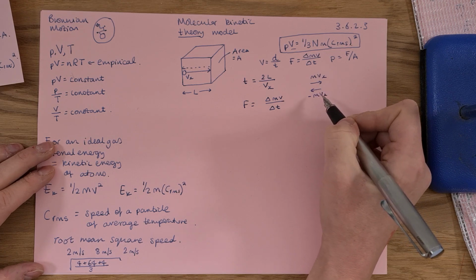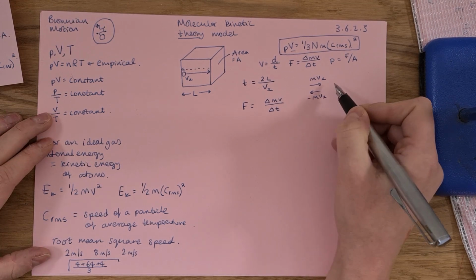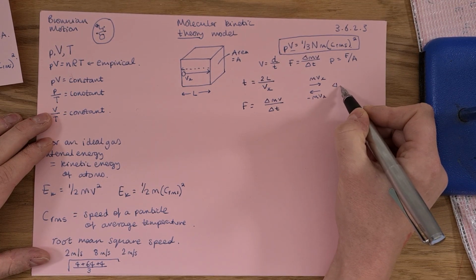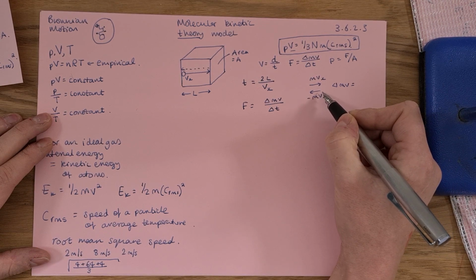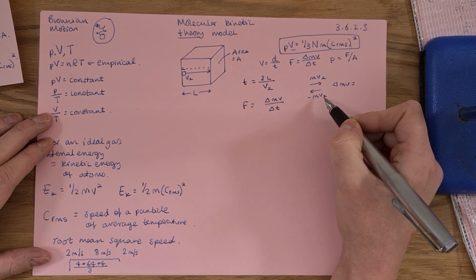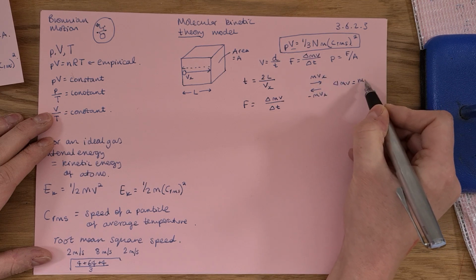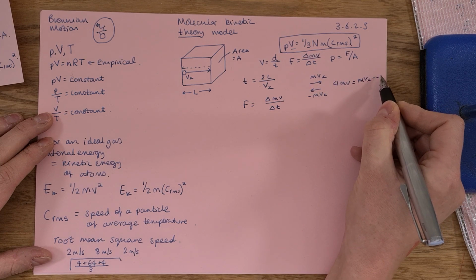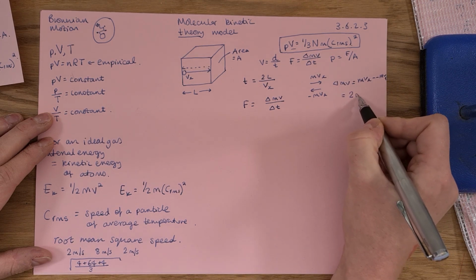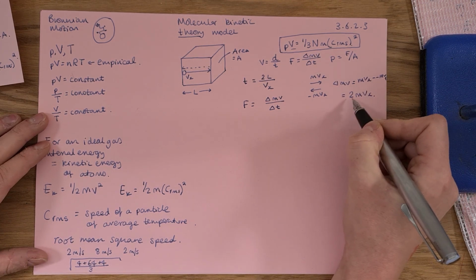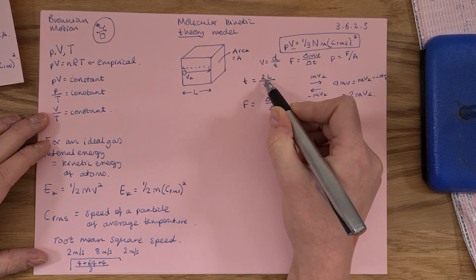So the change in momentum of a particle hitting a wall and rebounding is 2mvx, because the change in momentum is the final minus the initial. So it's mvx minus minus mvx, or 2mvx. We need that. That 2 is going to cancel out a bit later on with that 2 there.